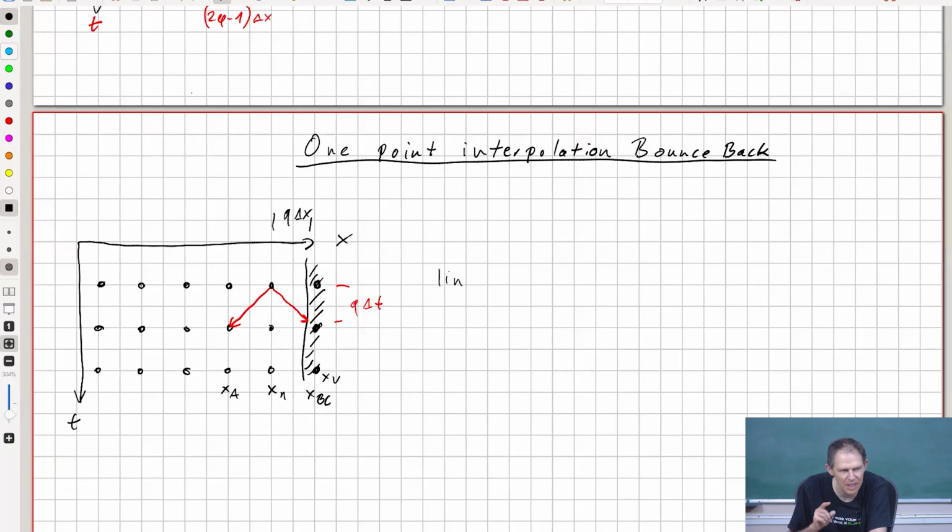The characteristic is the thing that moves through space and time. So we use linear interpolation along a characteristic.